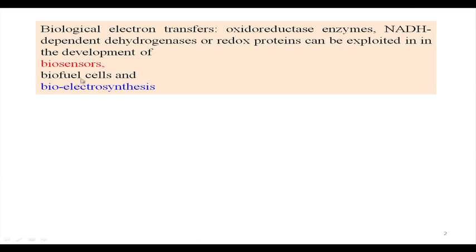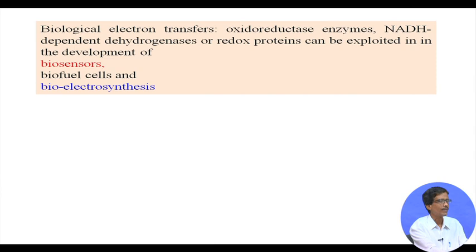Now, we will talk a little bit about biofuel cells, and if time permits, definitely you can have more, but at least you should know at this point that in chemistry terminology, when we make a molecule we go for A plus B, the target is C, and sometimes some other part, like water or carbon dioxide, comes out as the D or E molecules. So, synthesis is there, but if it is going for electron transfer only, then electron transfer can take place, and then bioelectrosynthesis is there.